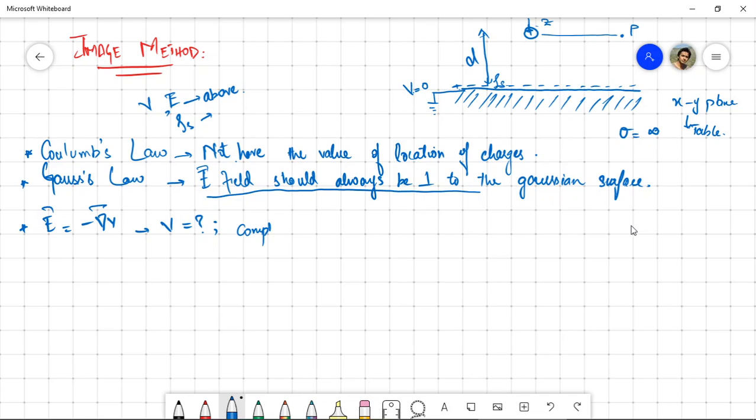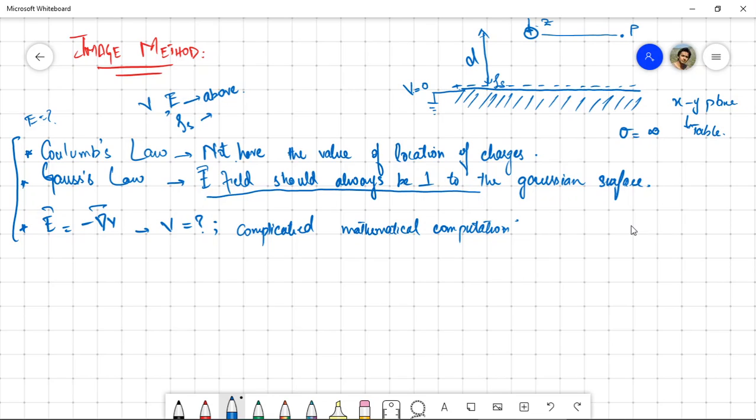So we will say that it has very complicated mathematical computations, and we need to reject this idea too. That means that all three conventional methods that we had to calculate the value of E fail here. So here comes another method which we call the image method.